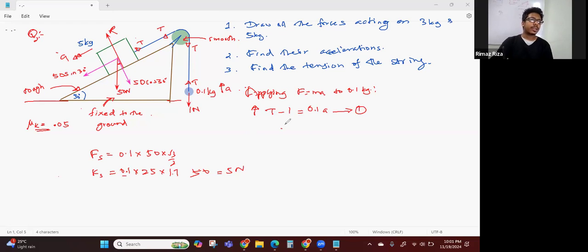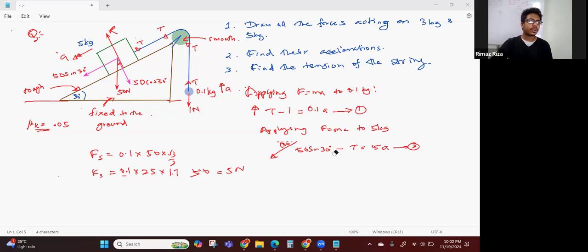And then I can apply F equals ma to the 5 kilogram mass in this direction, at angle 30 with the horizontal. So it is 50 sin 30 minus T equals mass 5 into a, equation number 2.